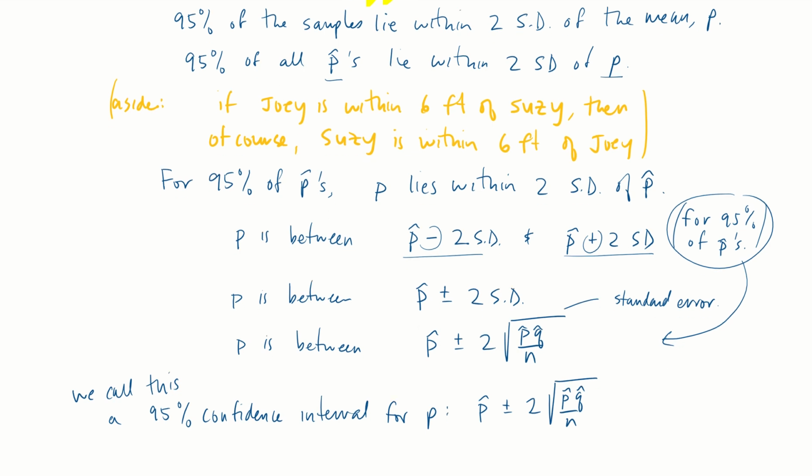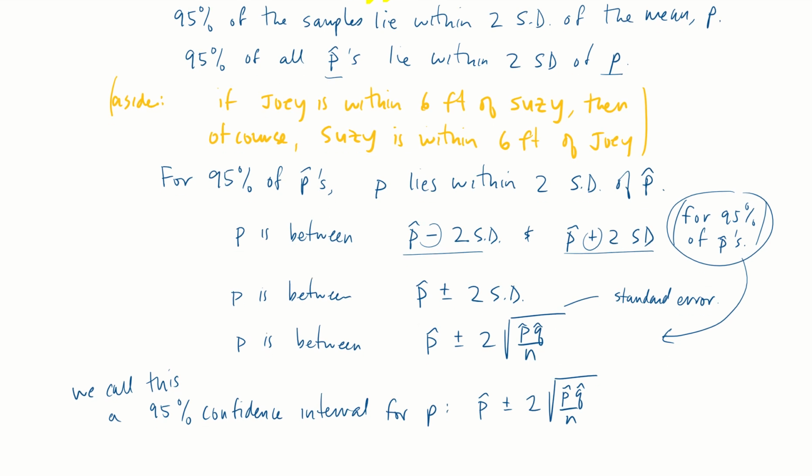Now, I did something here that we talked about a long time ago, and I used the 68, 95, 99.7 rule, right? Well, I probably wasn't completely honest with you, because 95% of the population is not really within 2 standard deviations.